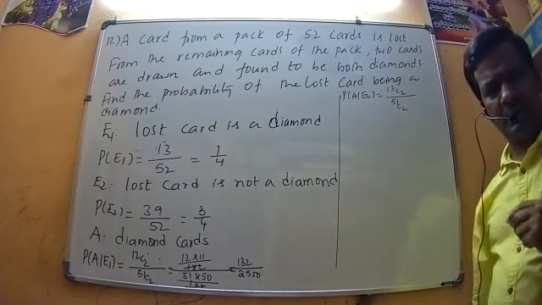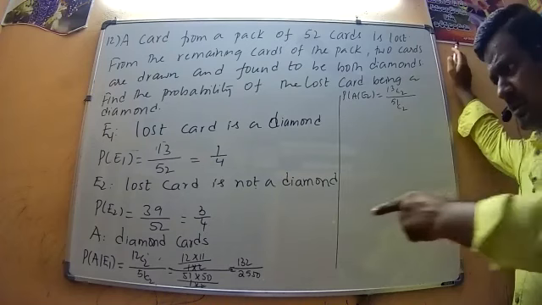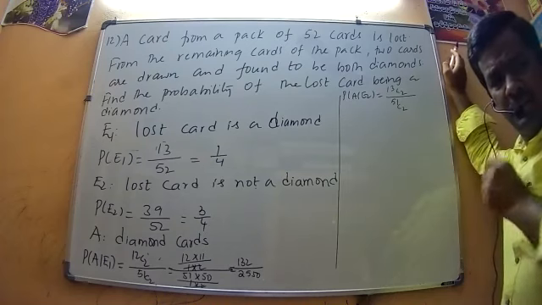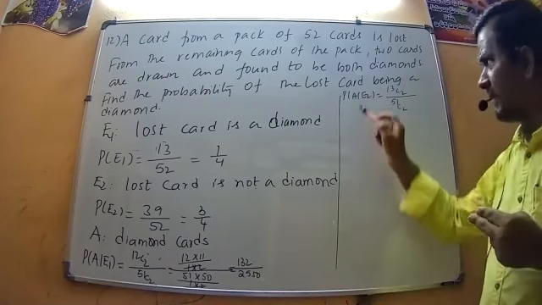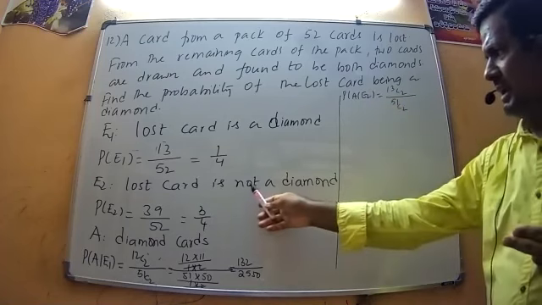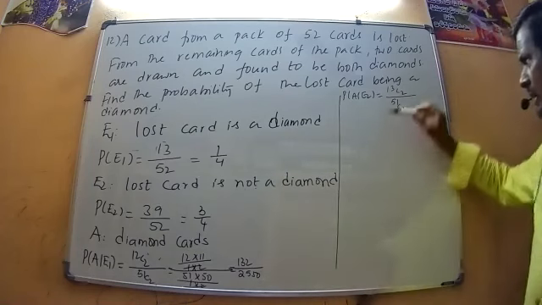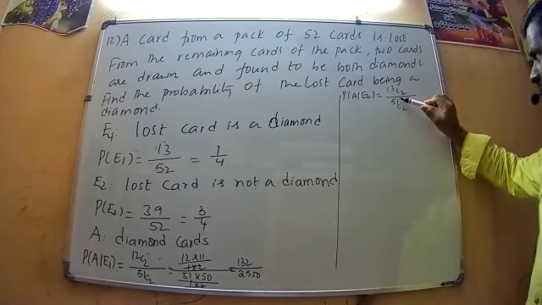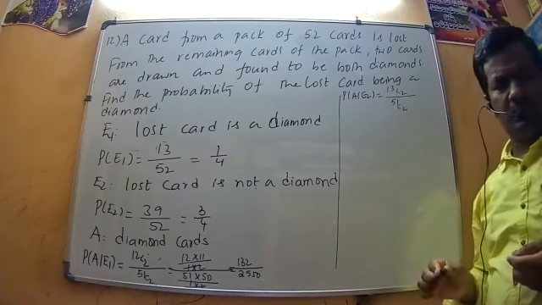This point you should understand carefully. P of A slash E1, you got the clarity. P of A slash E2, probability of drawing two diamond cards given that the last card is not a diamond. So already one card is lost, 51 will be left. From 51 we are drawing two cards, 51C2.